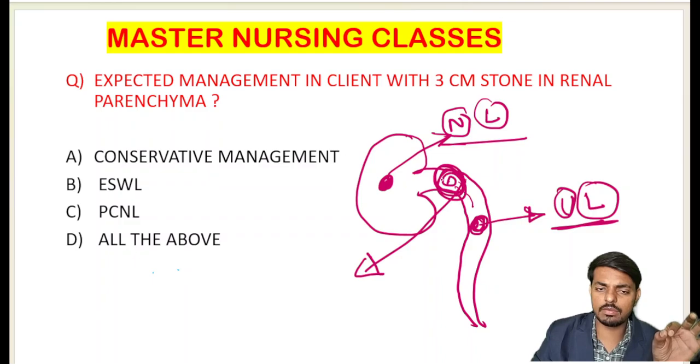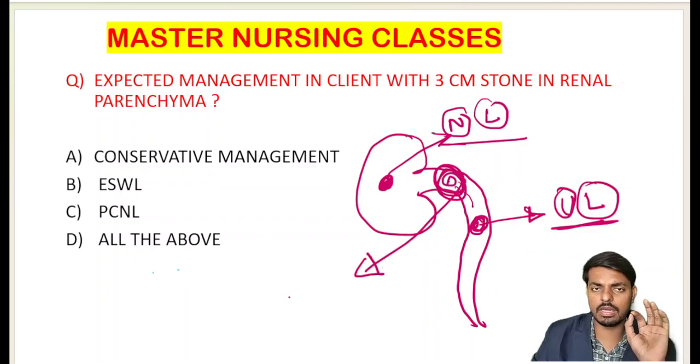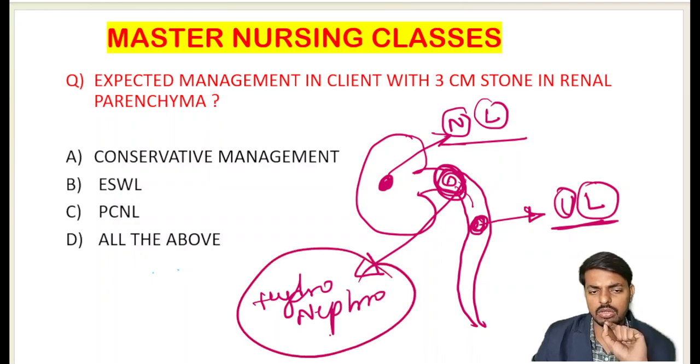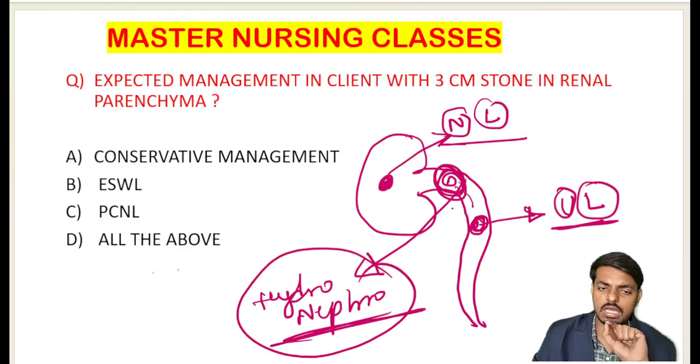The accumulation of urine in the renal pelvis, very important, is called hydronephrosis, or we say hydroureter. Hydroureter means the urine is accumulating in the ureter and the kidney. We call that hydronephrosis or hydroureter. Very important. Keep in your mind.